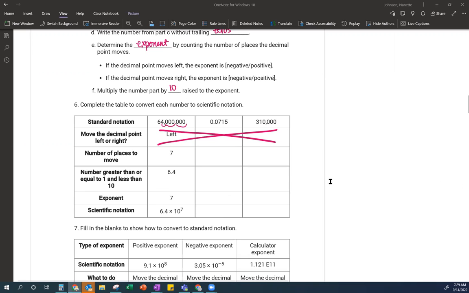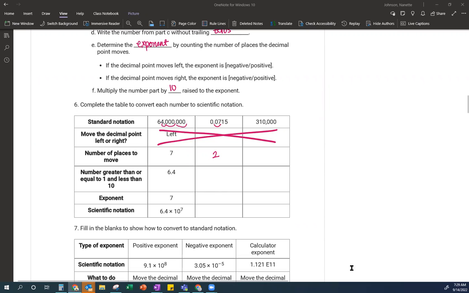Okay, so here, when you're doing this, you are now going to move this decimal. So we're going to count the decimal places. Here it's 2. Now this is going to depend on what your teacher wants in terms of this.